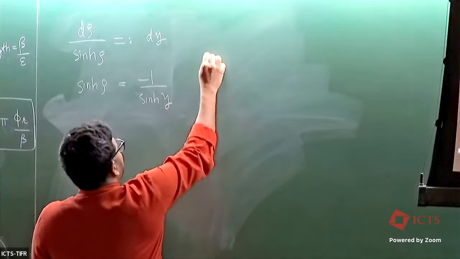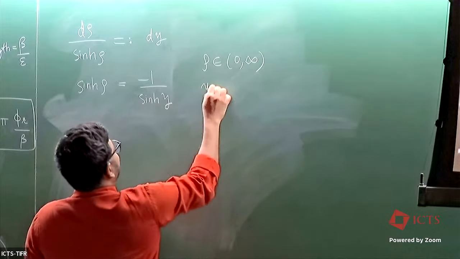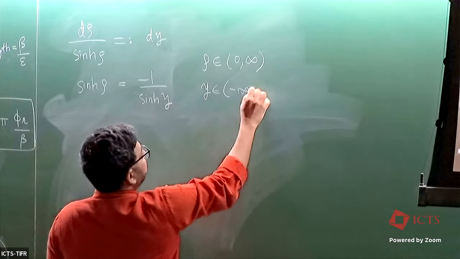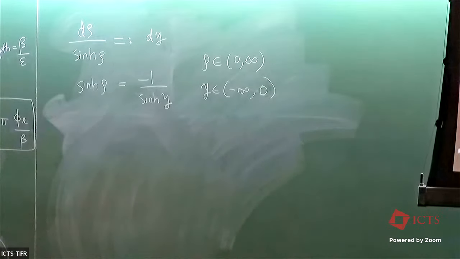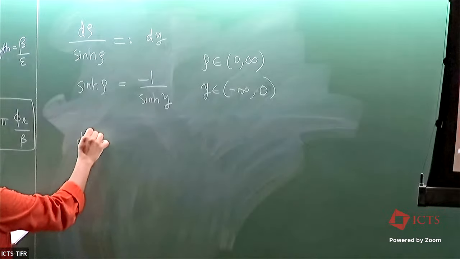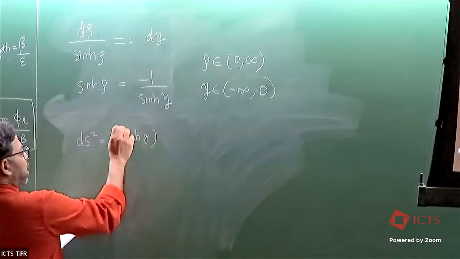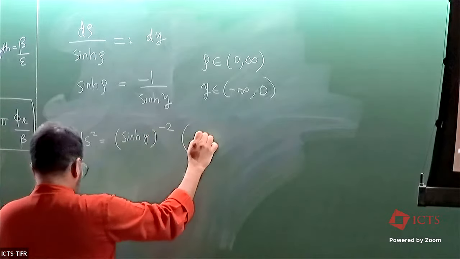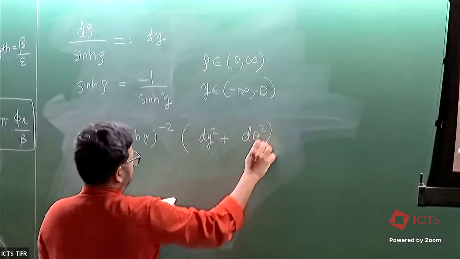And it's good to remember that rho belongs to 0 to infinity, y will belong to -infinity to 0. Okay, so the metric in these variables becomes sinh y to the -2 times (dy squared plus d theta squared).